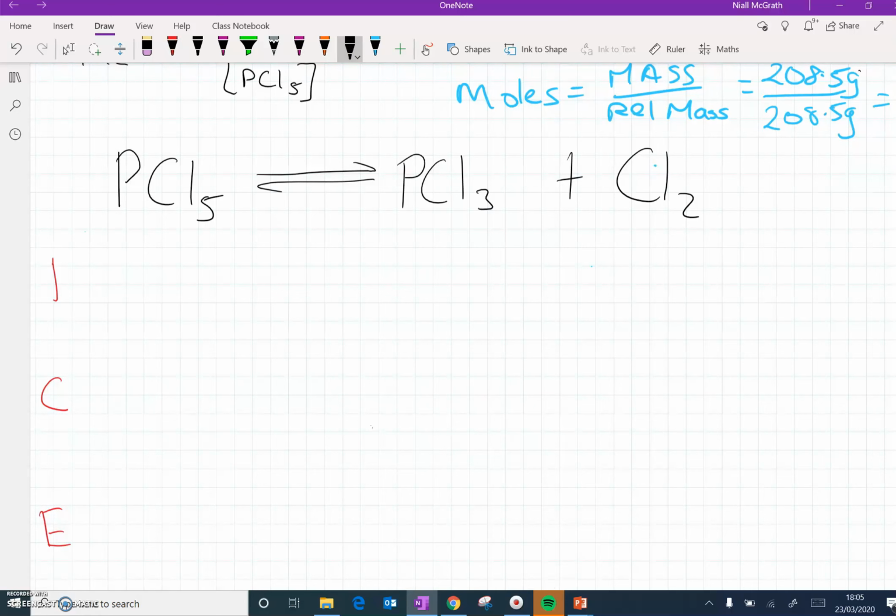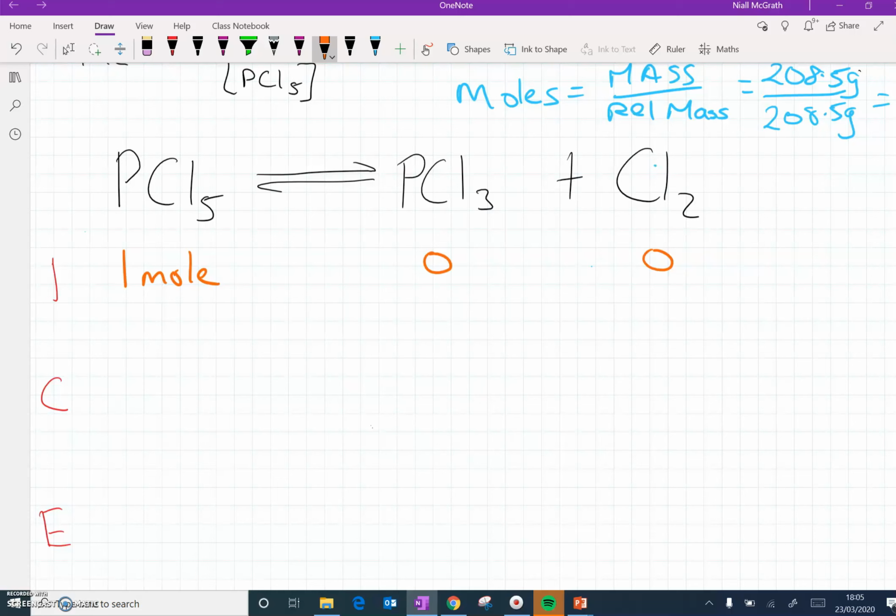At the start we have 1 mole of PCl5. Right at the very start we don't have any of these. This is right at time 0, initially, before any reaction has really taken place yet. We have 1 mole of PCl5, we have none of PCl3 or Cl2.